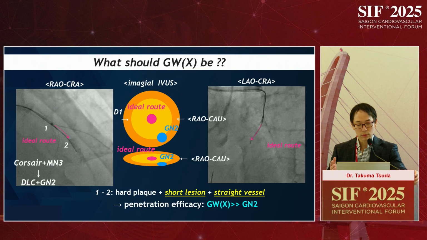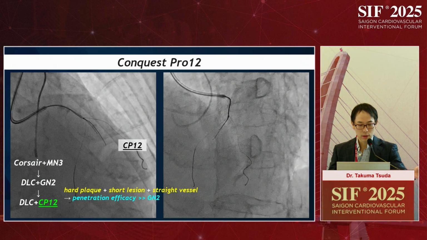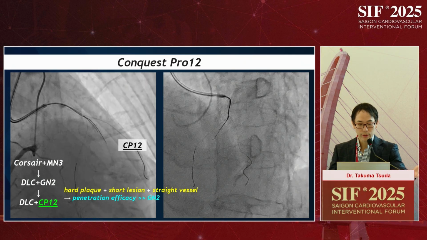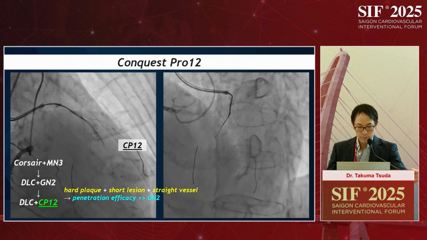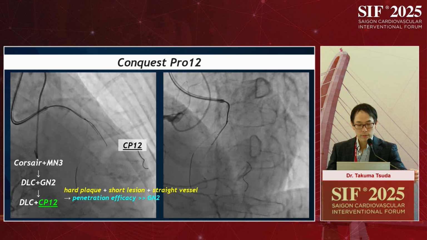We have to select a guide wire with more penetration efficacy than Gaia Next. The target is clear and the CTO is not so long, so that's why the Confidence Pro 12 is the next step I will use in this case.